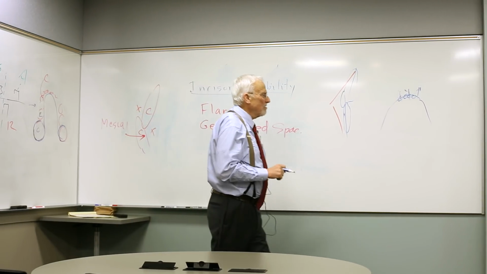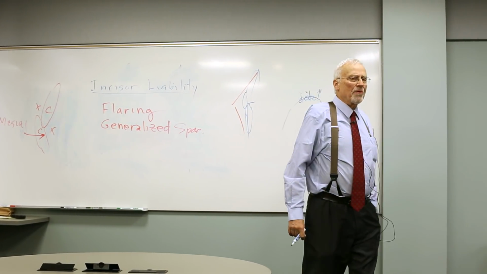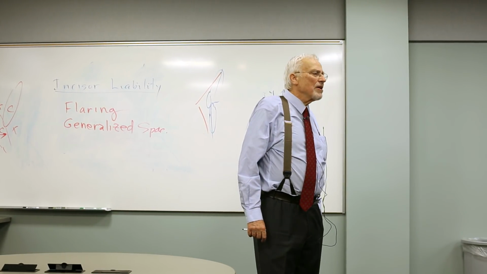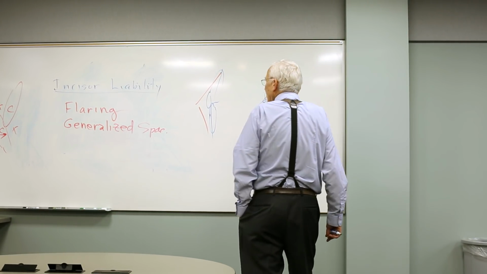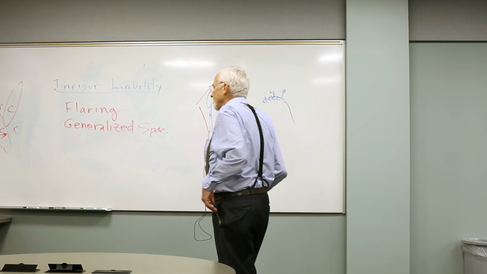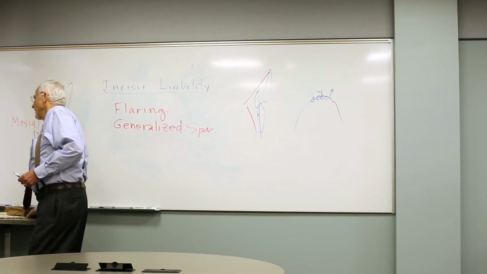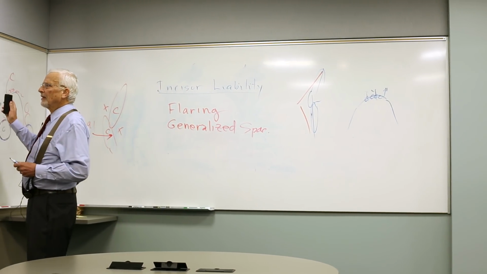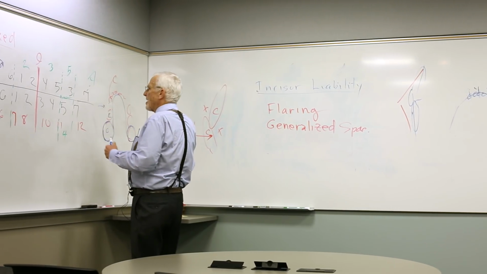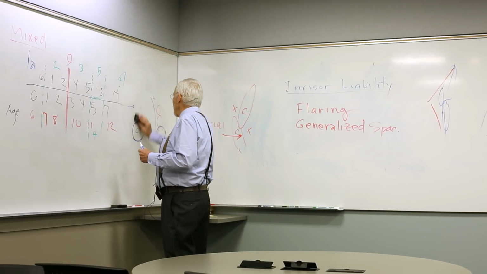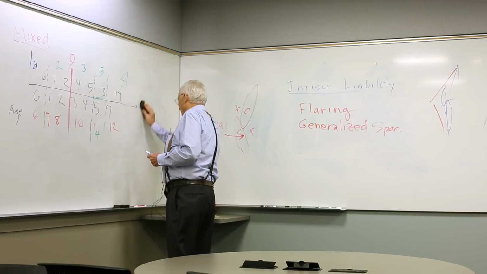Supposedly the first clue to impending problems is crowding of the deciduous incisors, and if we move forward, yeah, so we've got the incisors in. Okay, so now I'll show you what we have there.